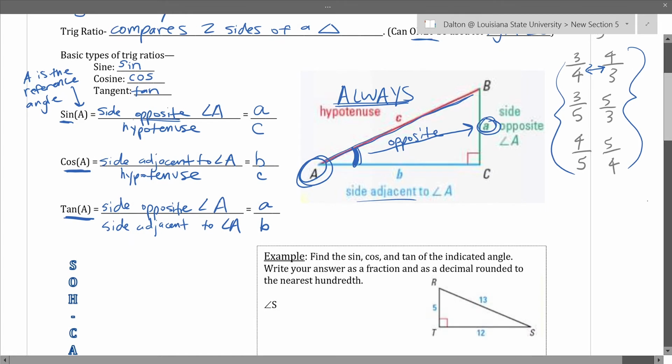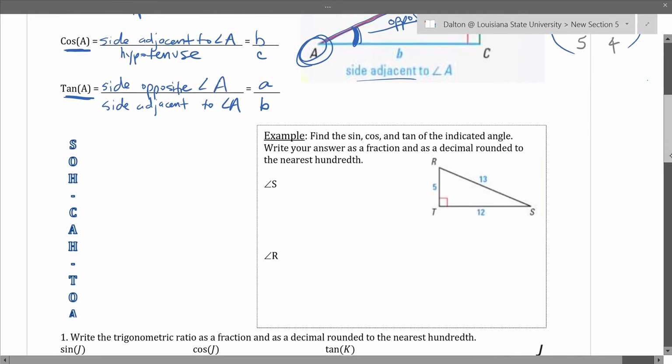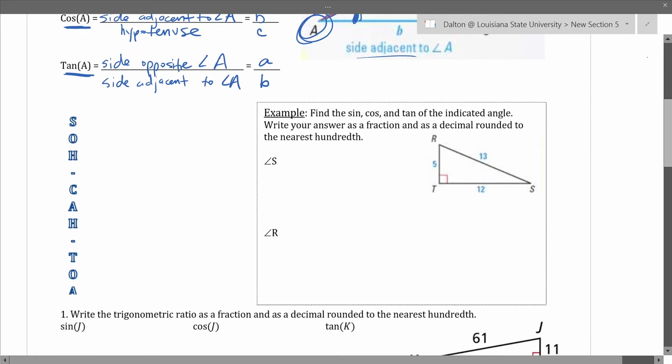So looking here, how the heck are you going to remember opposite and adjacent and tangent and sine and all that kind of good stuff? It's something that we're going to call a mnemonic device. A mnemonic device is just something we use to remember a phrase, or letters that we can use to remember a phrase. So that mnemonic device is called SOHCAHTOA.